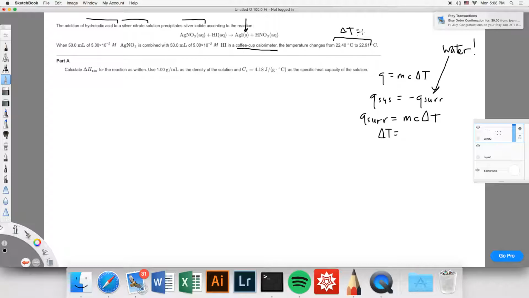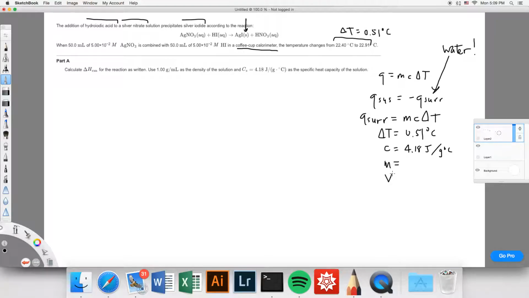Delta T is equal to 0.51 degrees Celsius. Specific heat of the water is 4.18 joules per gram degree centigrade. And the mass of the water.